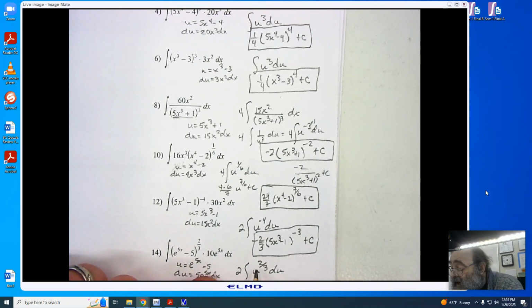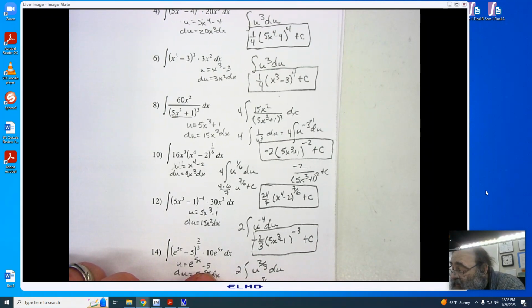I now add 1, that's going to give me 5/3, which becomes 3/5. So 2 times 3/5, and then I have u to the 5/3 plus c. We're going to back substitute to give me 6/5, and then I have e to the 5x minus 5 to the 5/3 power plus c.